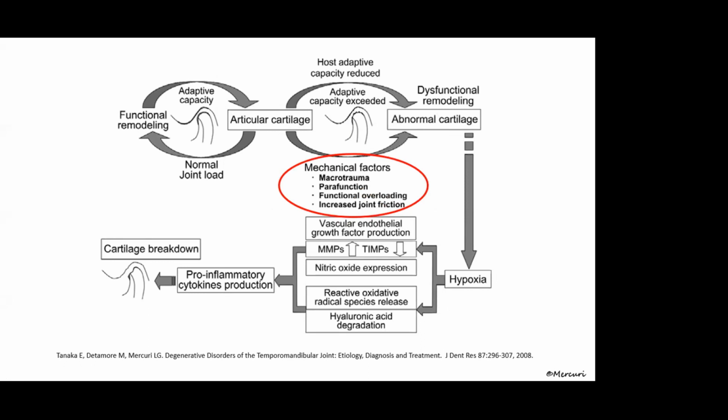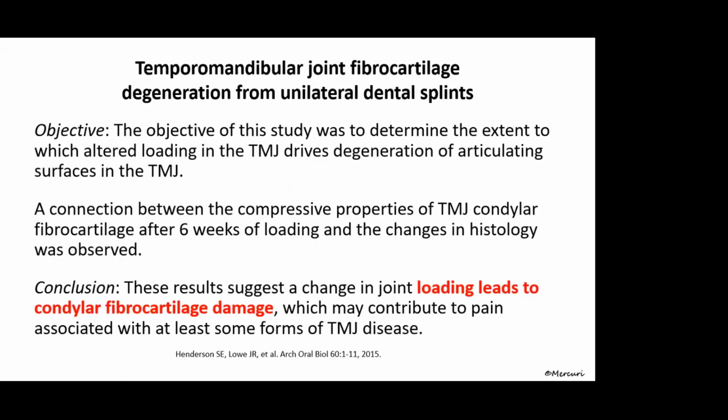This leads to dysfunctional remodeling and the formation of abnormal cartilage structures, leading to hypoxia in the joint, which we'll discuss further in a minute, and the development of pro-inflammatory cytokines, leading to cartilage breakdown and degenerative joint changes associated with osteoarthritis.